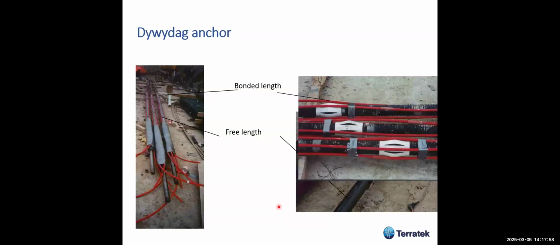These Dywidag anchors were a project I did in Argentina many years ago, with very, very good corrosion protection. Also, they have 3 or 4 grouting pipes per anchor to allow, as I'm going to show you later on, grouting in stages, and this could be very effective.